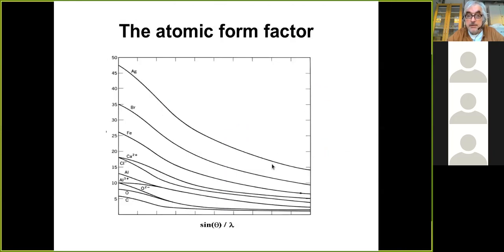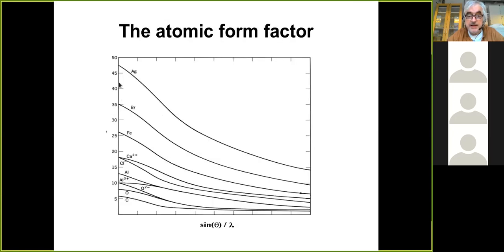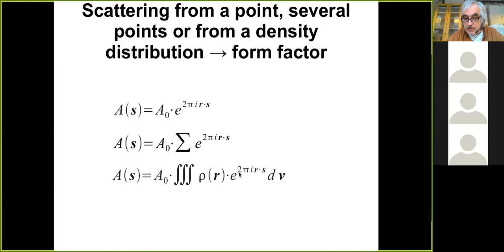So how does it look? Something like this for normal atoms. The e to the 2 pi i r·s, that could be viewed as something like sine or cosine. And around 0, the scattering direction 0, it should scatter a lot.